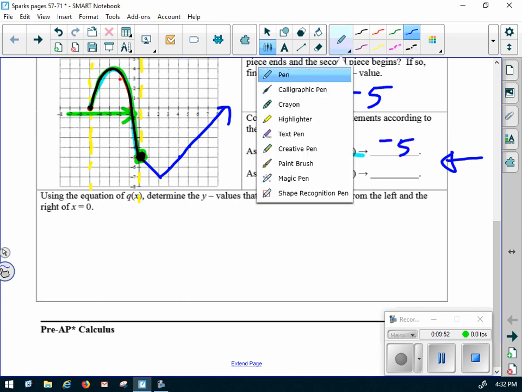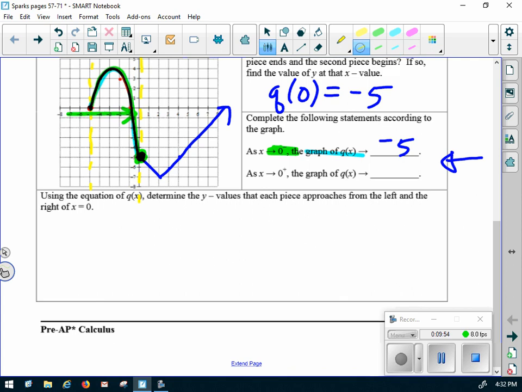As x approaches 0 from the right, that's what the plus sign means, from numbers bigger than 0, what does the graph do? So we are coming at x equals 0 from the right, from numbers bigger than 0. Let's just trace it.